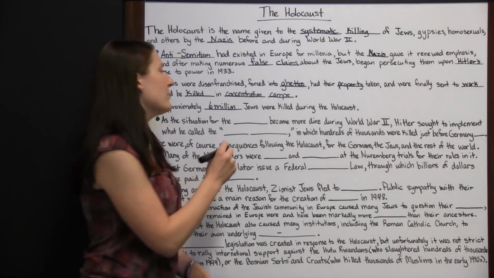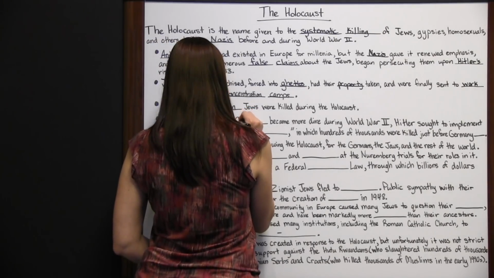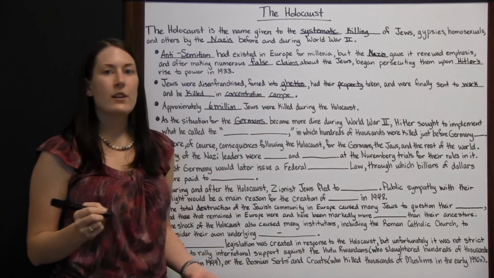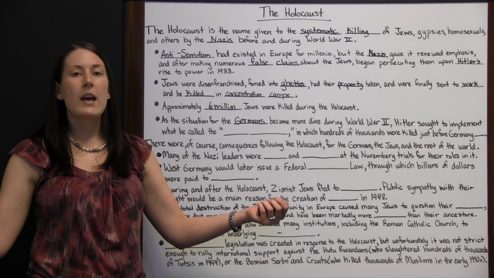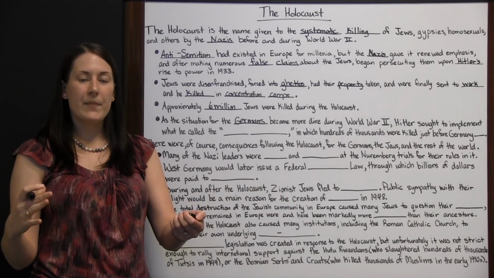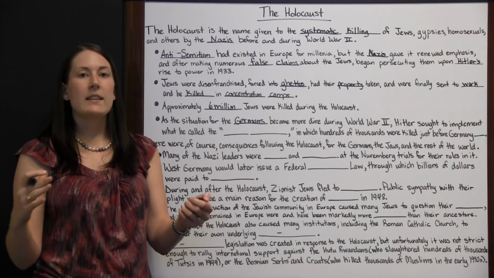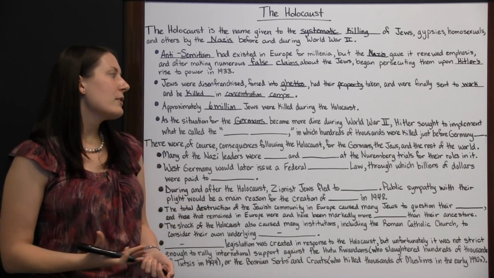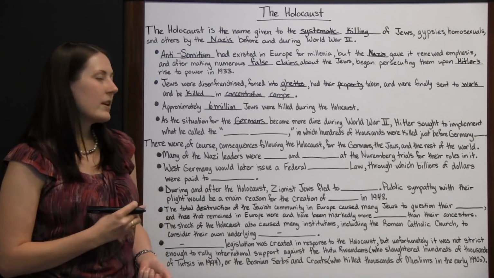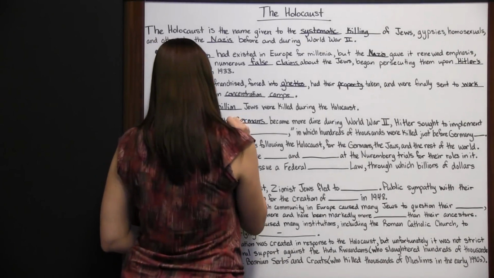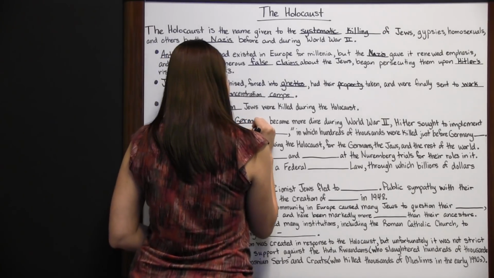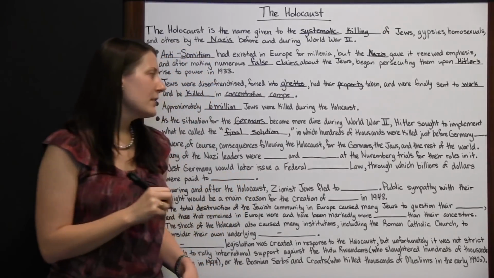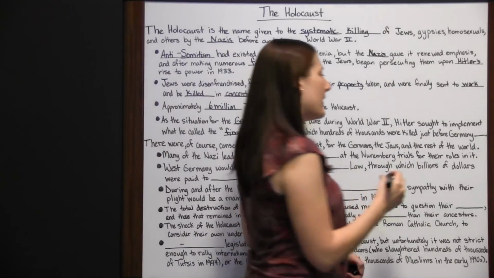As the situation for the Germans became more dire during World War II, whenever the Germans saw that they were losing ground, when they had all this territory, but they were losing it, and the opposing forces were making them retreat further and further, and they saw that it was likely that they were going to lose the war, Hitler sought to implement what he called the final solution, in which hundreds of thousands were killed just before Germany fell.